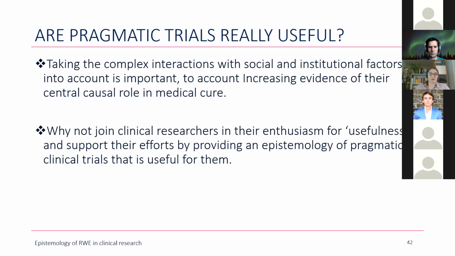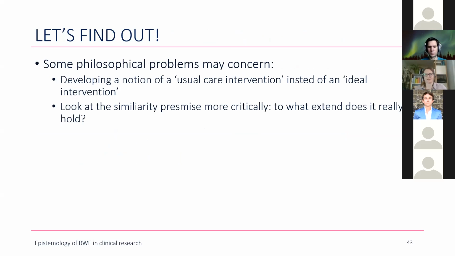I think taking the complex interactions with the social and institutional factors is important, as it can account also for increasing evidence of their central causal role. And I would suggest why not join clinical researchers in their enthusiasm for usefulness and support their efforts by providing an epistemology for pragmatic trials that is useful for them, which may, and this now really concludes my presentation, suggest some future philosophical problems to deal with.